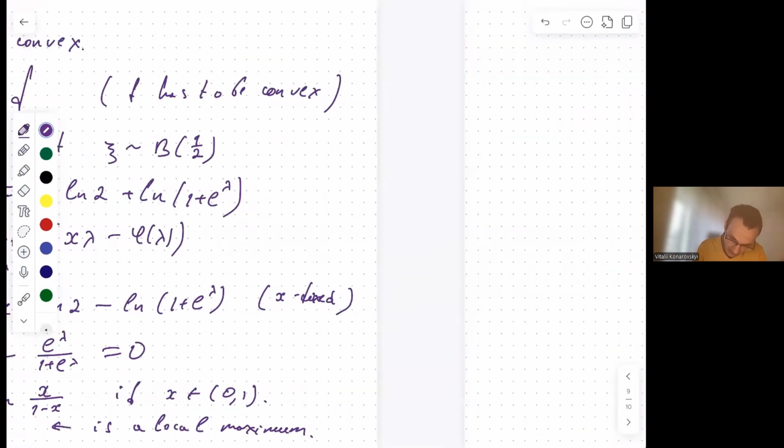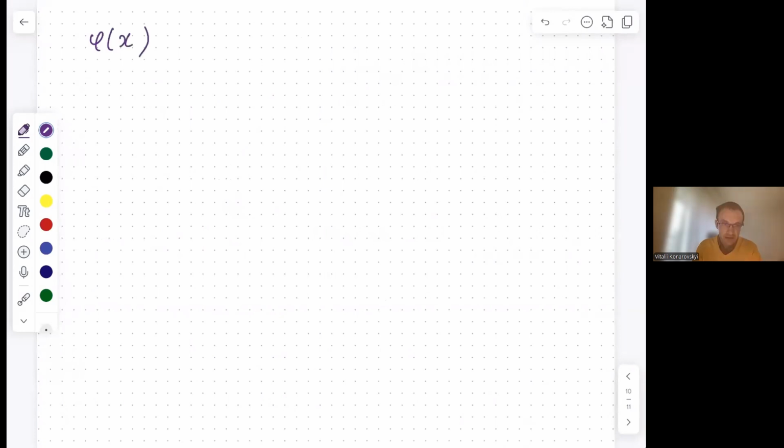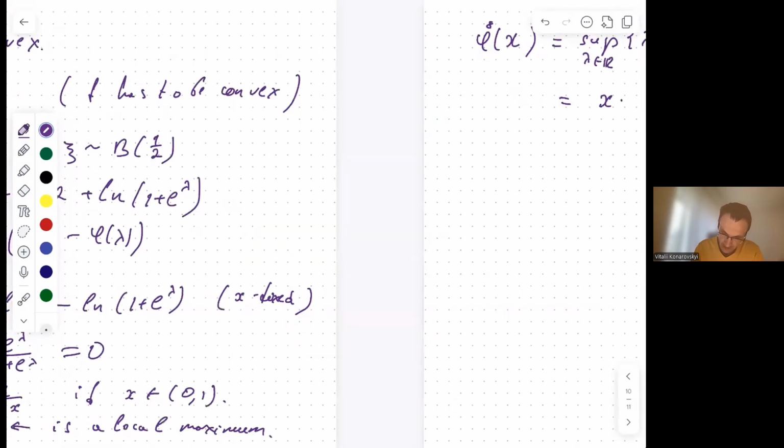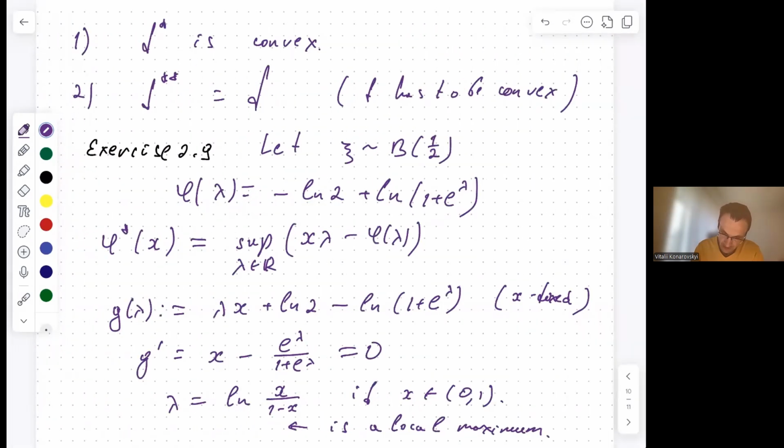Therefore, at least for x between 0 and 1, the supremum of lambda x minus phi of lambda is obtained by plugging that lambda into the formula. Then you will have x multiplied by lambda. I recall that lambda is logarithm of x over 1 minus x.